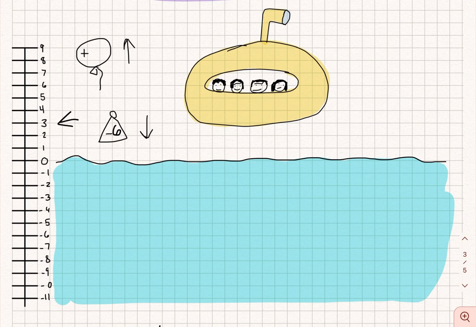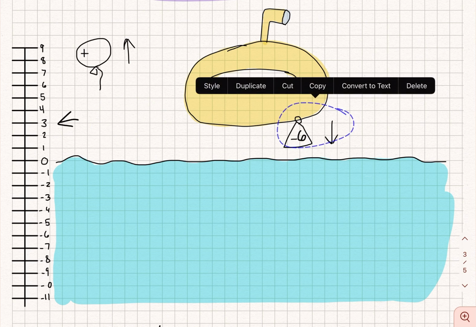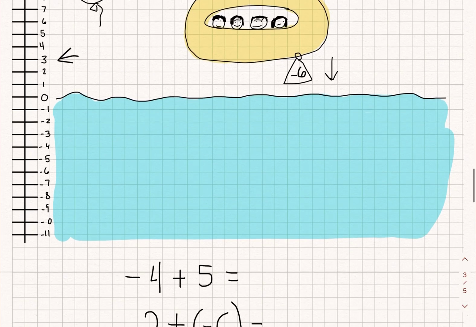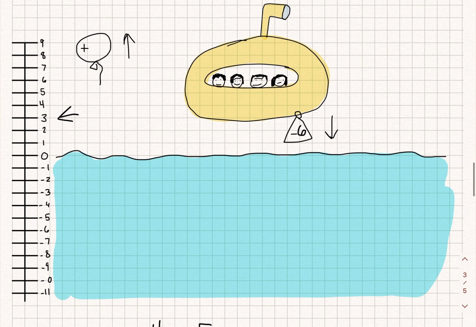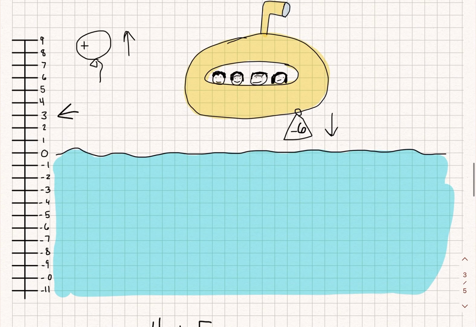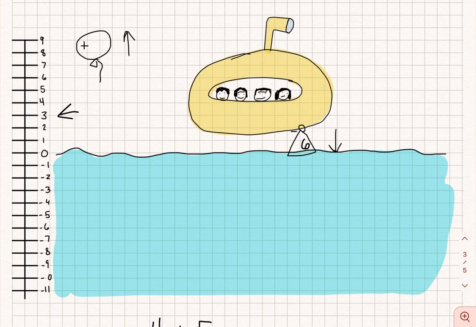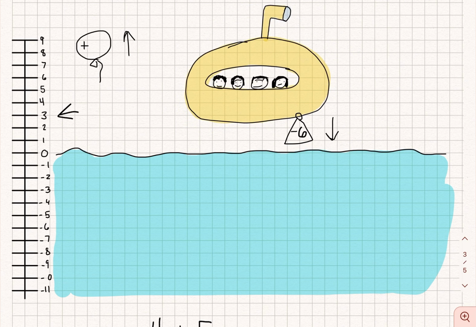And then we're going to put it into position. So we're going to attach those weights. All right, and we are starting at, so remember that first number is where we start. So I'm going to start my submarine at 2. So 2 is here. You'll notice that's where it's lined up.